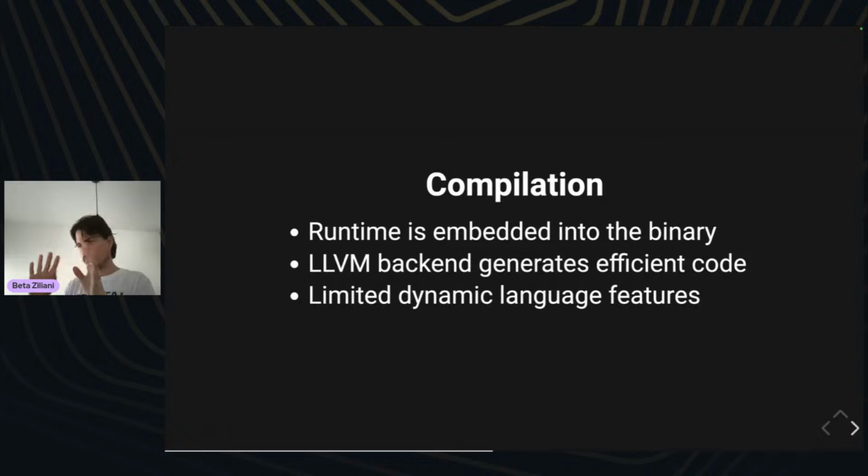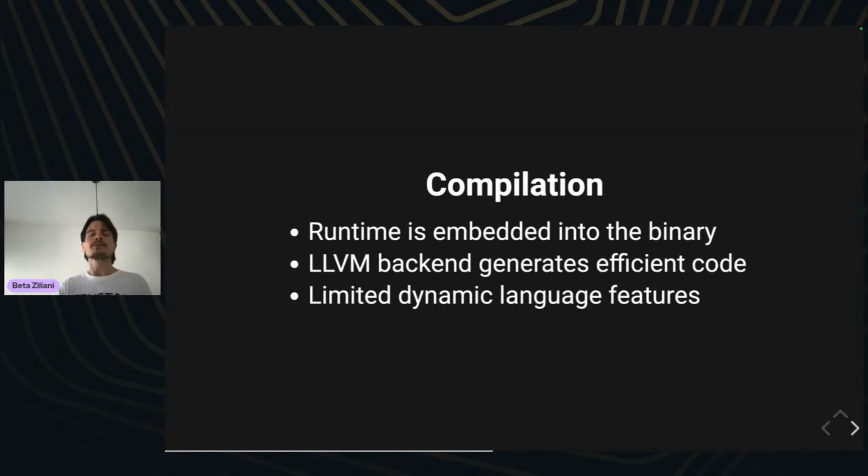Okay, coming back. I mentioned that Crystal generates very efficient code. Is that because we are such amazing developers that code all these optimizations in Crystal? Well, not really. I mean, some of that.